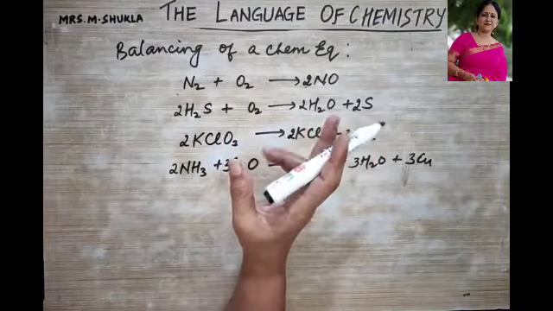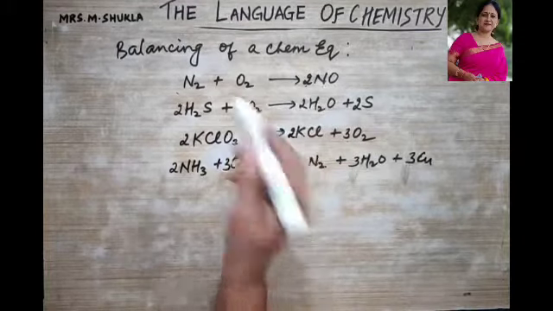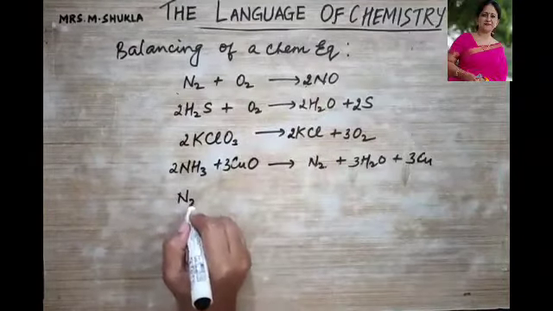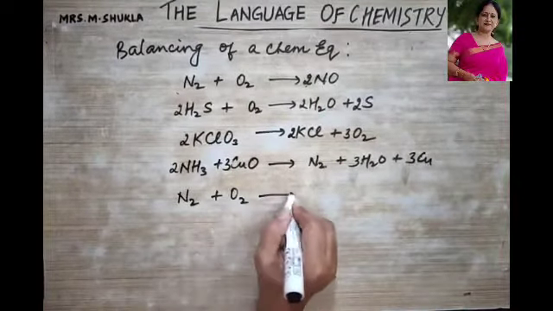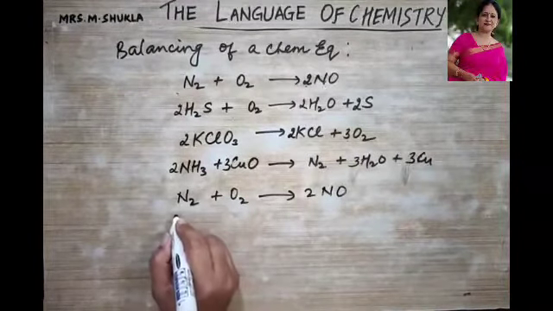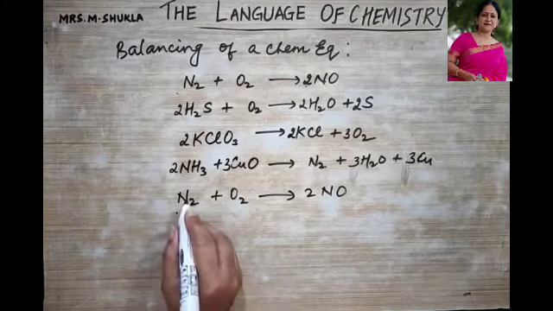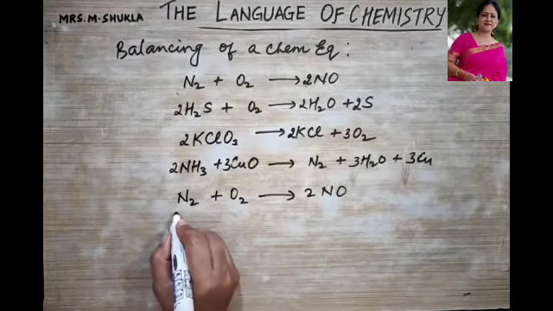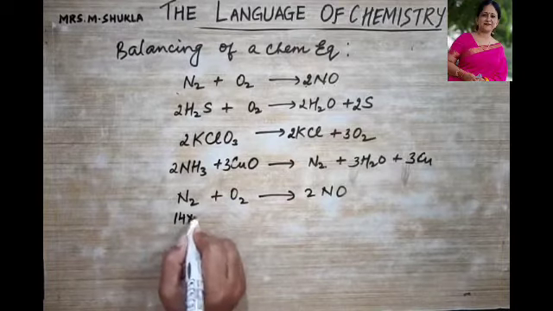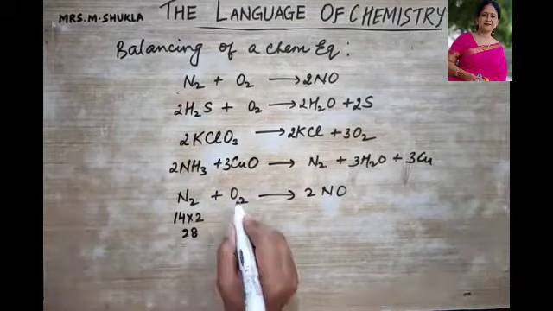Do you remember any law? Law of conservation of mass. Okay, so let's take this: N2 plus O2 gives 2NO. Nitrogen, what is the atomic mass of nitrogen? 14 into 2, 14 2s are 28.